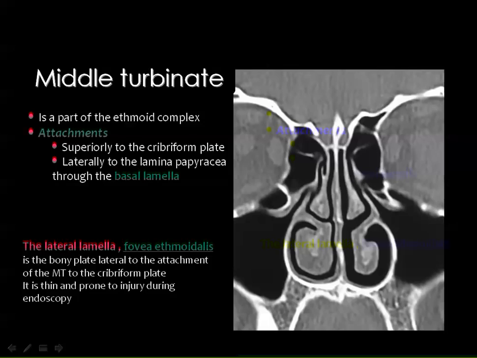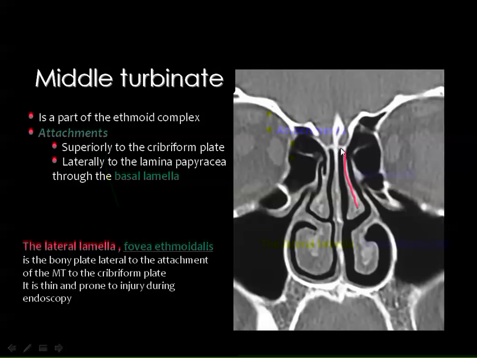Then if you look carefully here, this is the inferior turbinate and this is the middle turbinate. The middle turbinate is attached superiorly to this part of the ethmoid, which is known as the cribriform plate of ethmoids.